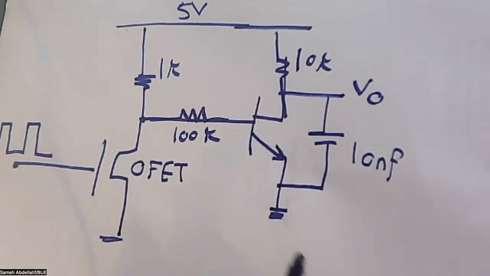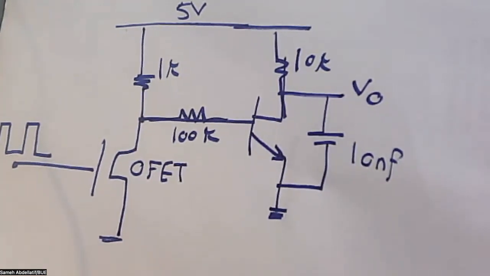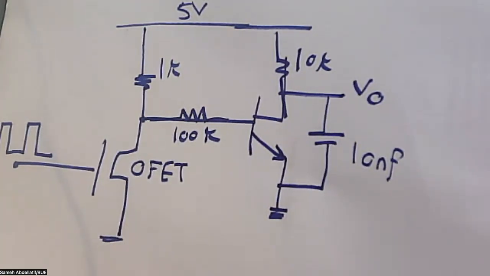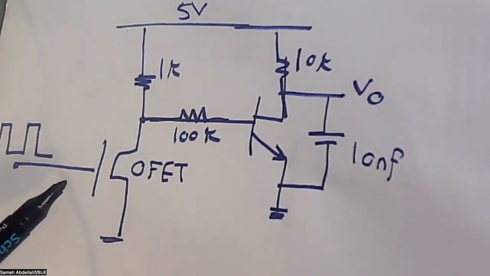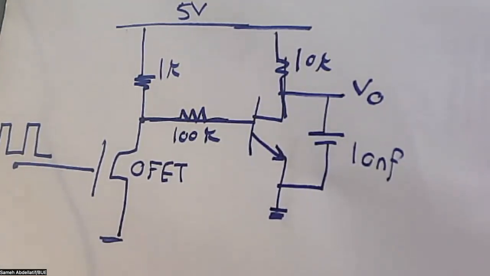So the first important point actually is this turning on, turning off node here. This is a very critical point whenever you are designing a sensor, because as you definitely know, we are considering active sensors.